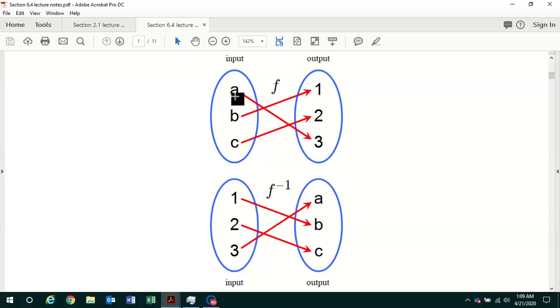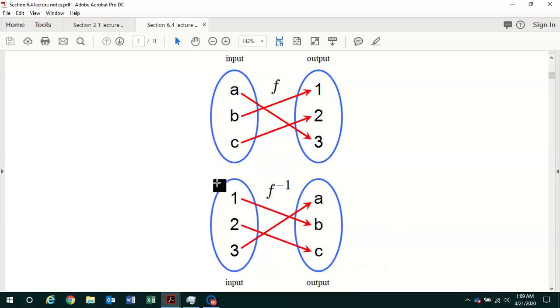So instead of the arrow going from A to 3, it now goes from 3 to A. So looking down here, you can see that the input 3 has the letter A as its output. The input number 2 has C as its output. And the input number 1 has B as its output. The arrows are just reversed.